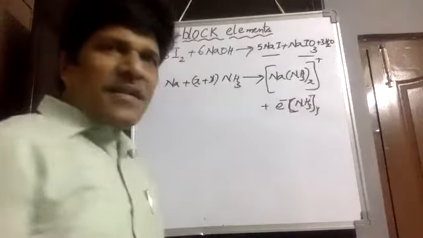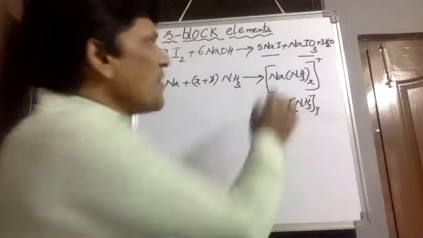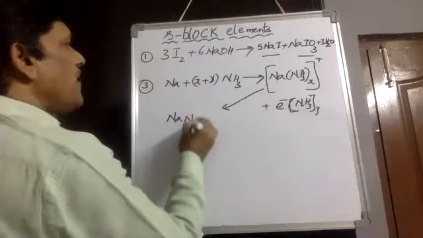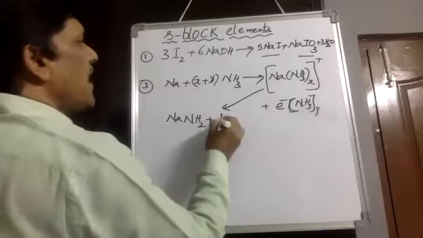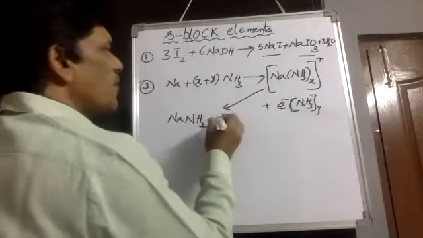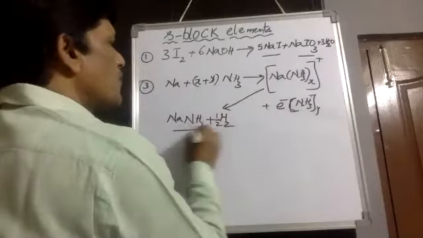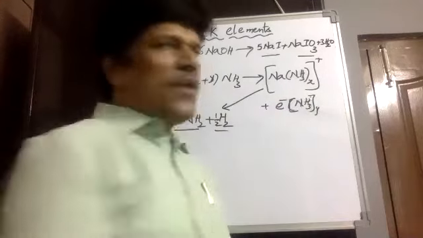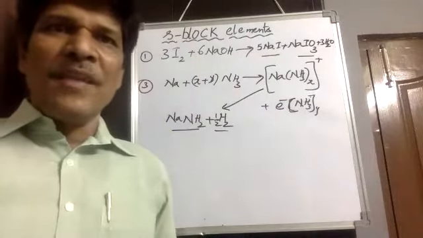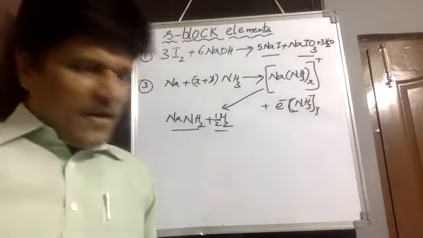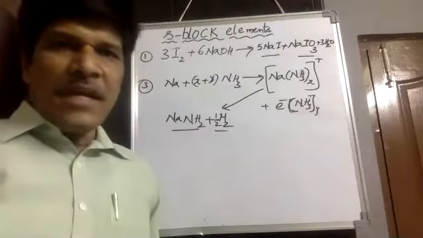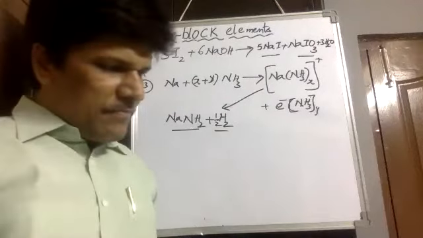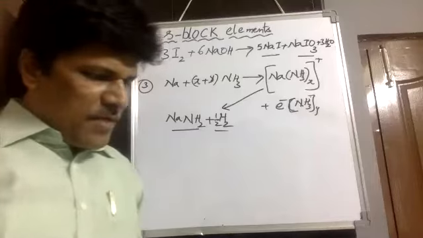These electrons are called solvated electrons, and the sodium is converted into sodamide and hydrogen gas is eliminated. Therefore, corresponding moles of sodamide and hydrogen gas are released. So option C is correct, that is sodamide, NaNH2.